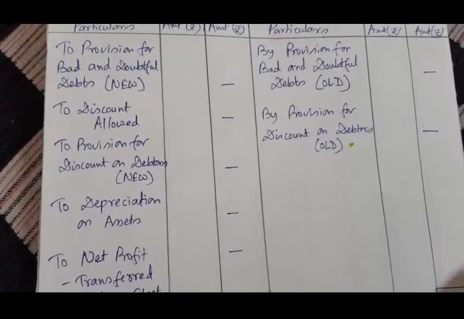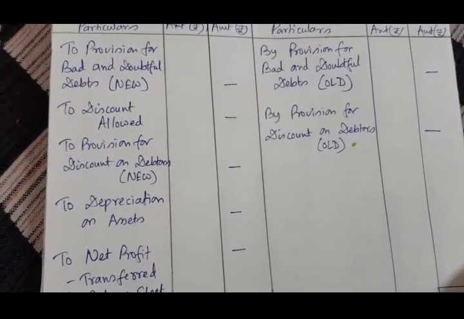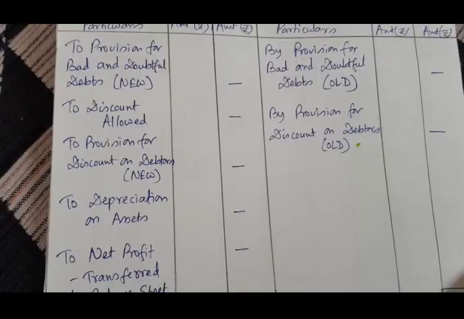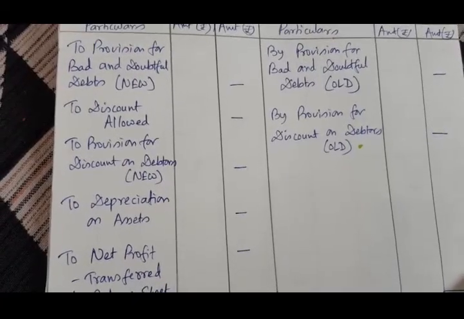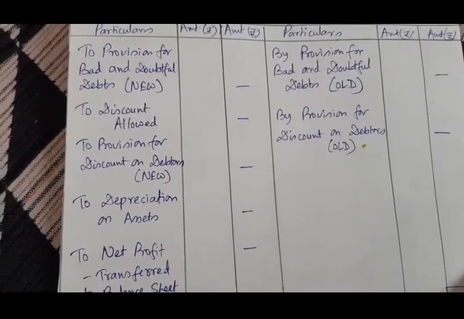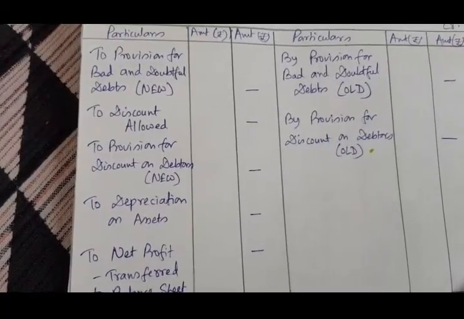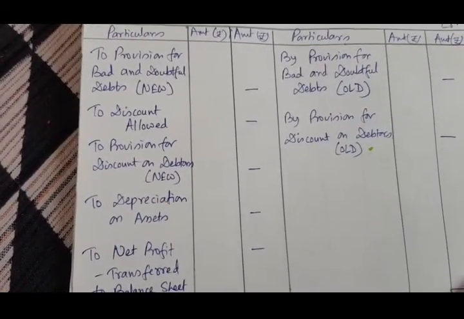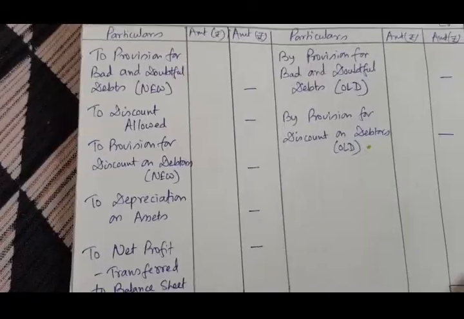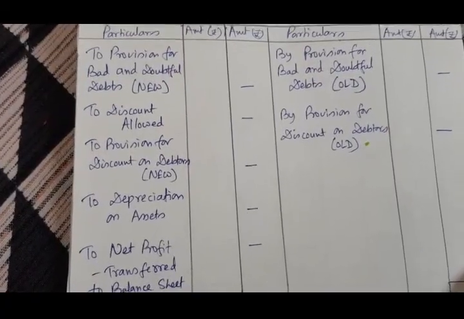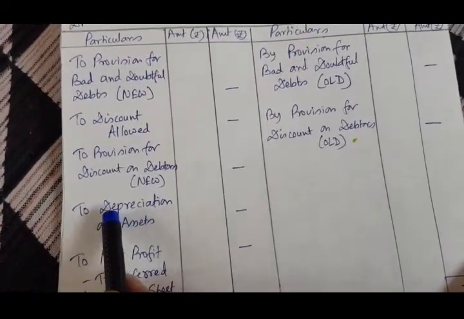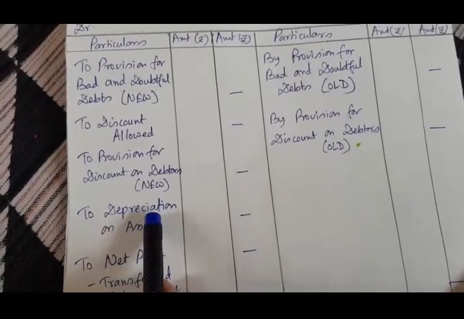The value of these assets gets reduced year after year, and after a few years there may be a need to replace those assets with new ones. Why does this need arise? Because of the reduction in the value of the asset, called depreciation.